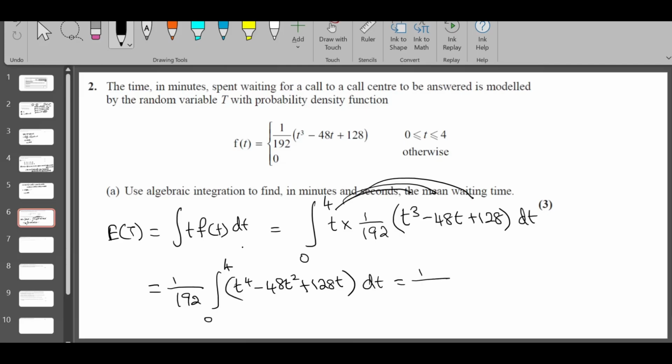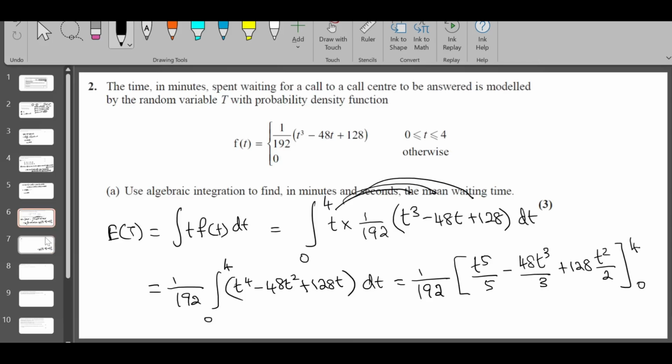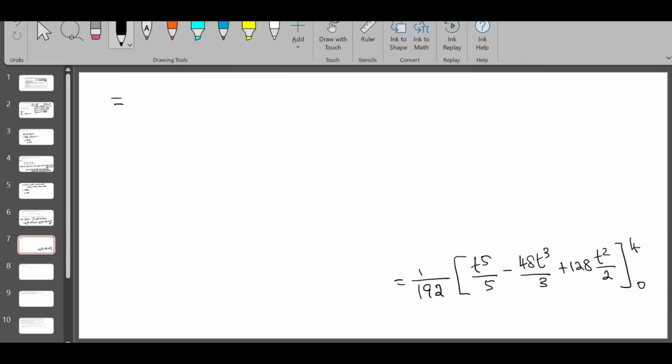It's going to be 1 over 192 times t to the power 5 over 5 minus 48t cubed over 3 plus 128t squared over 2, from 0 to 4. We need to calculate this value. They want the answer in minutes and seconds, so simplify this first.